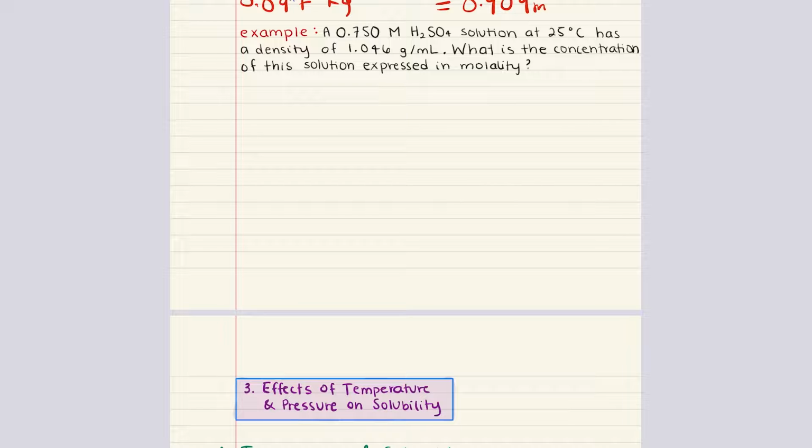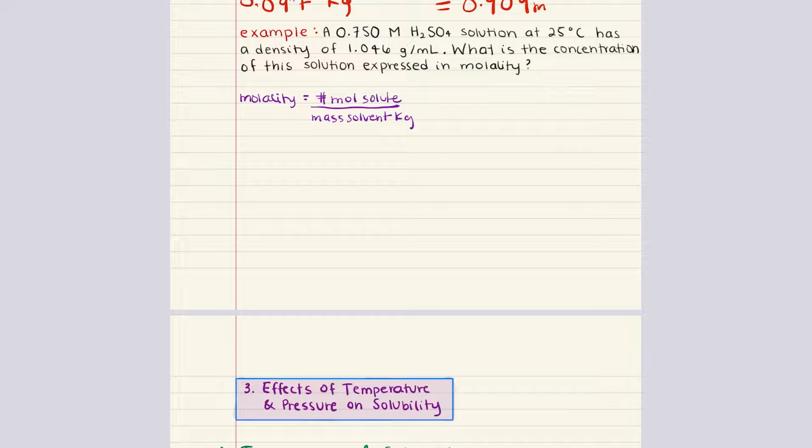Now, the first thing we want to do is write down the formula of the concentration term we're trying to figure out. This is going to allow us to identify which terms we need to determine. So in this case, we want to express the concentration in units of molality, and molality is equal to the number of moles of solute divided by the mass of the solvent in kilograms.